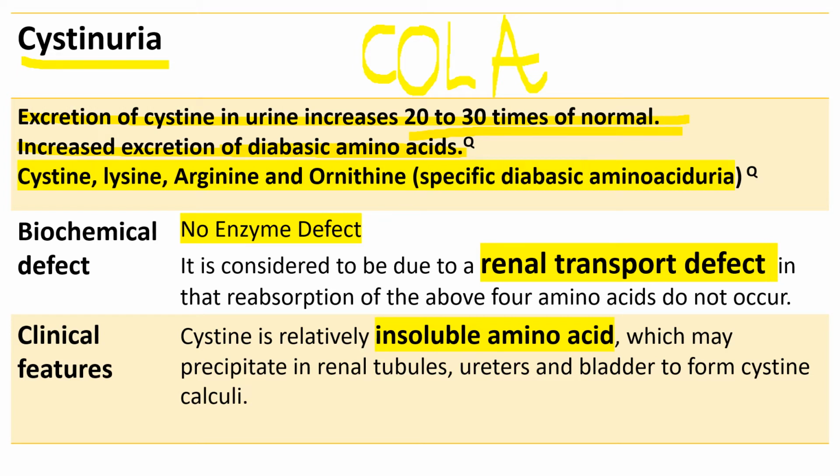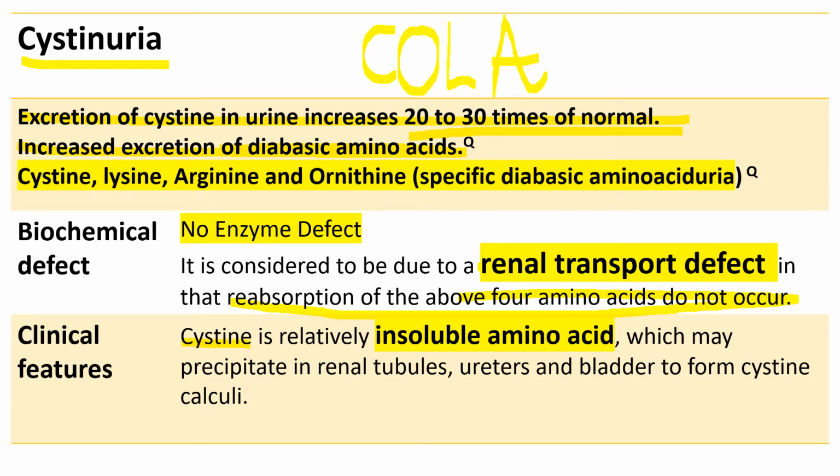And why? Because there is impaired reabsorption of the above 4 amino acids from the renal tubule. The renal transport defect is there. That's why the cystine comes into urine.